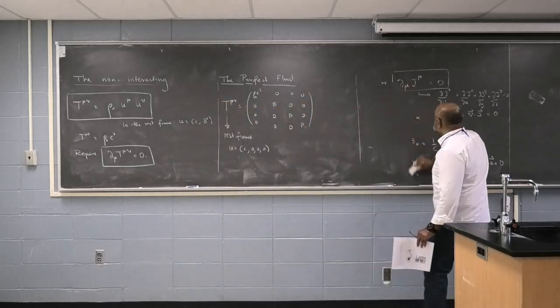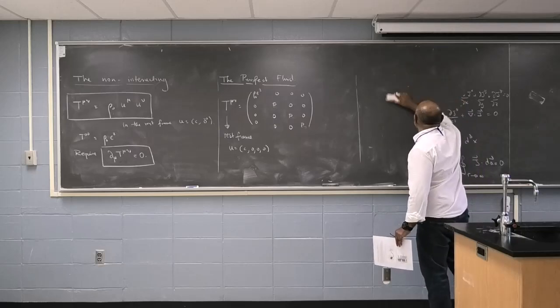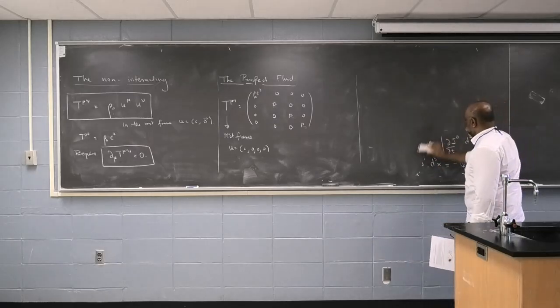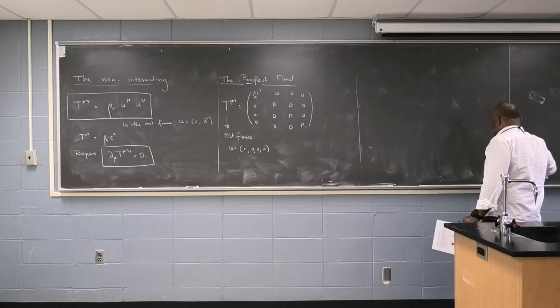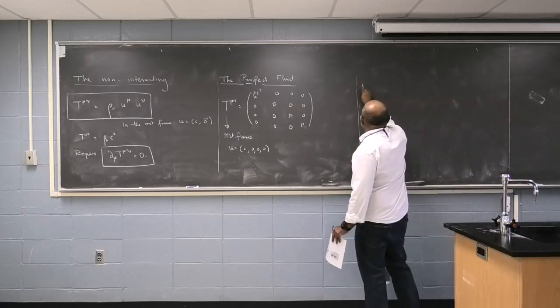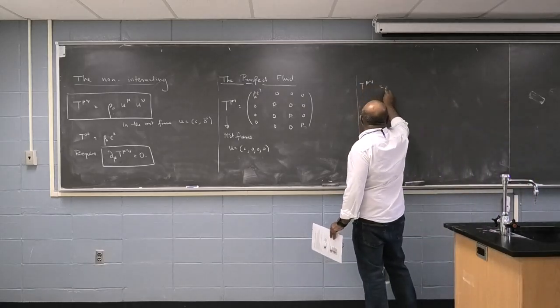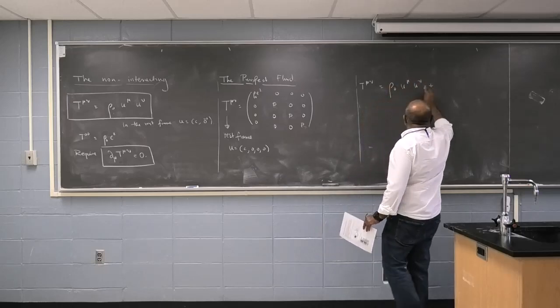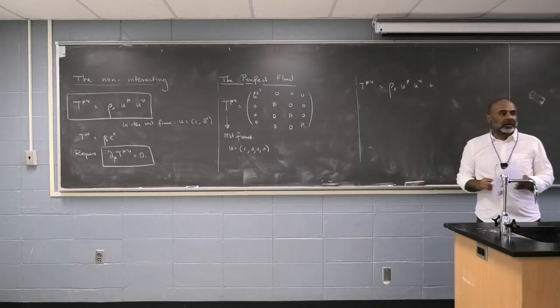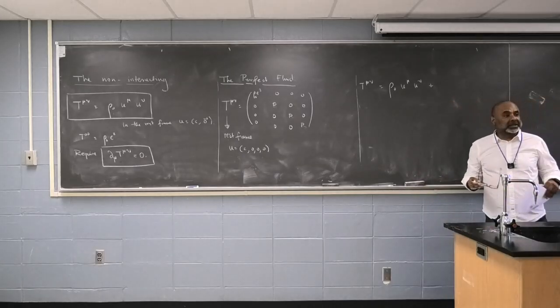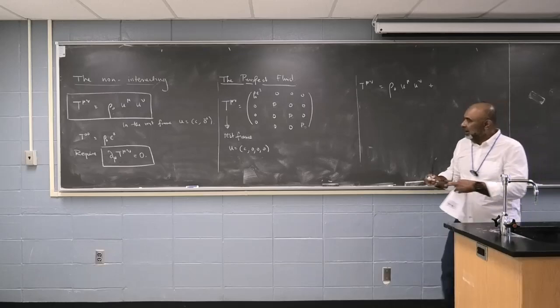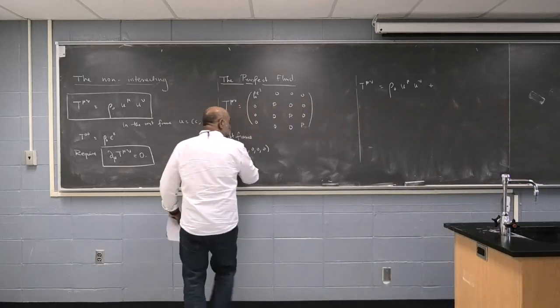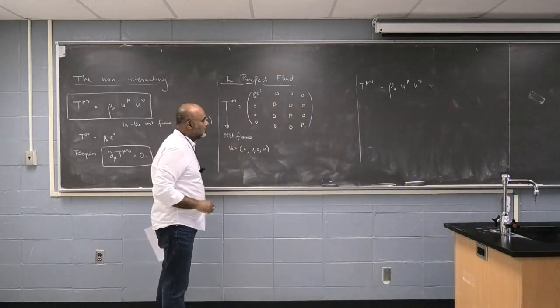I'm going to try to make a tensor out of it. And component by component, you tell me if it works. I'm going to write T mu nu, and I need this for sure. U takes care of the c squared, because U has that c squared in the zero component. That part is taken care of.